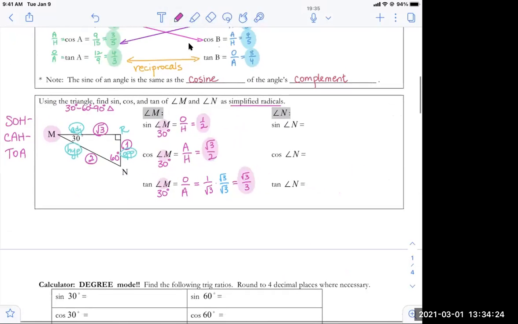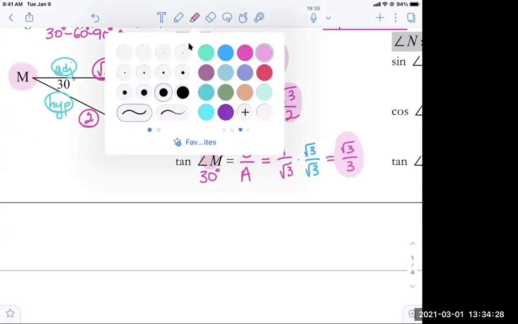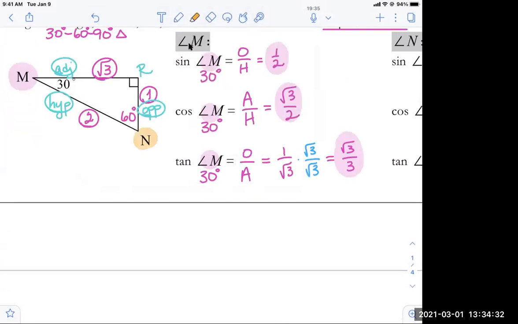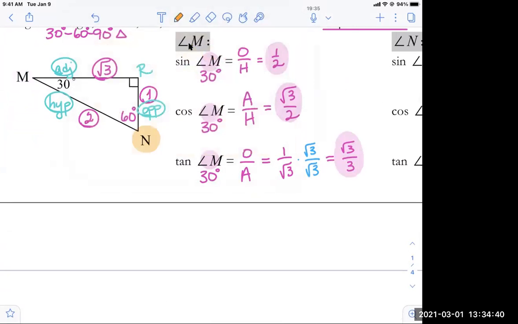Now, how about the sine of angle N? So let's switch over to the other side of the triangle here. If I'm focusing on angle N instead, what would that change about sides in the triangle? The opposite and adjacent spots would just switch.